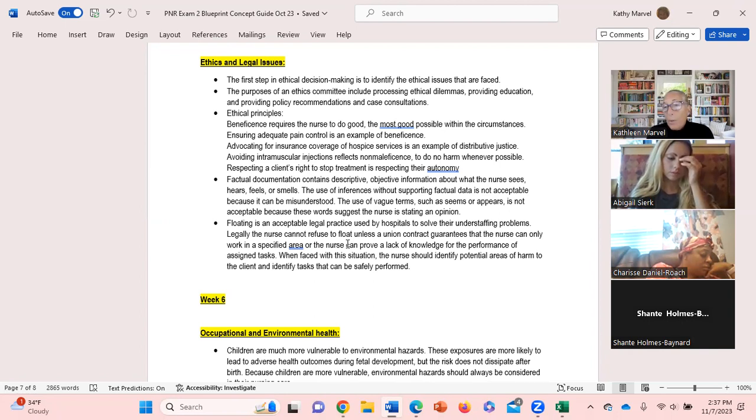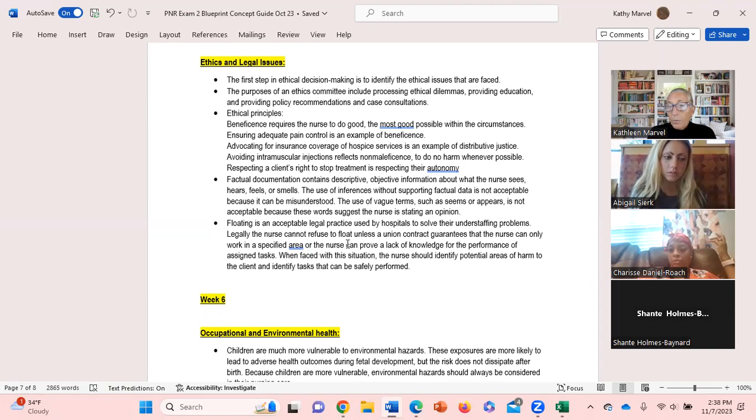So give me an example of a chart entry that is appropriate. In the patient's room, the patient's blood pressure was this, the patient's pulse was this. Objective, descriptive: patient was sweaty.